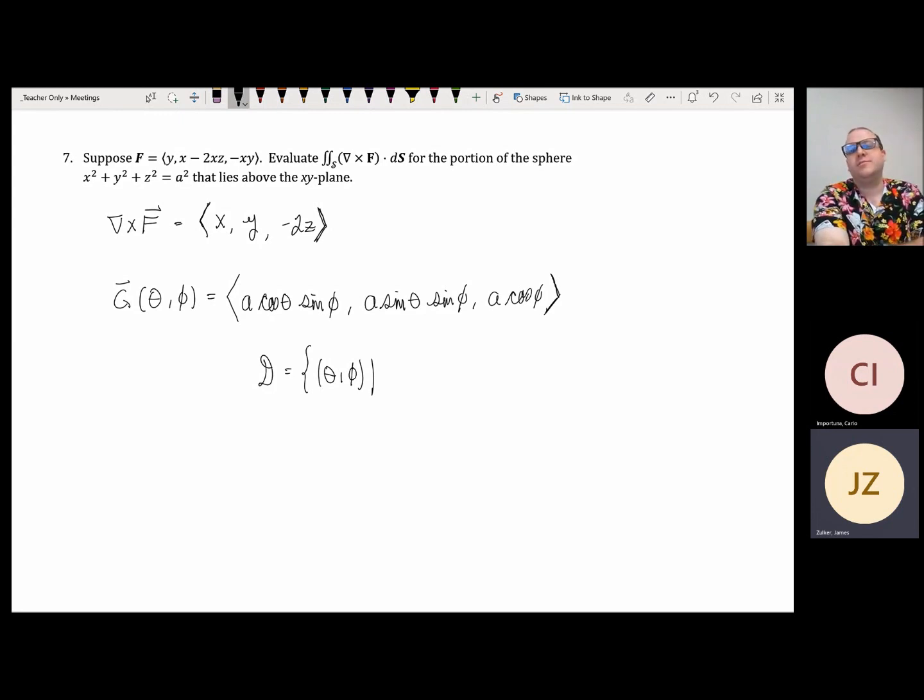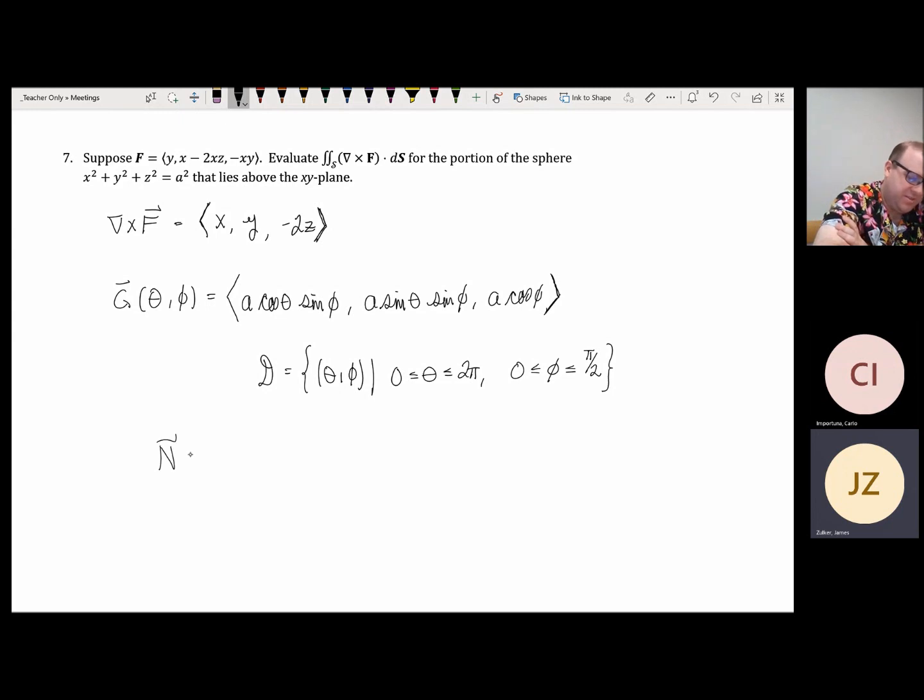What's the domain? Theta is from, and then phi would be. Does everyone agree? Why pi over 2? Oh, wait, because it's split in half. Okay. All right, we're dealing with the upper hemisphere, right?